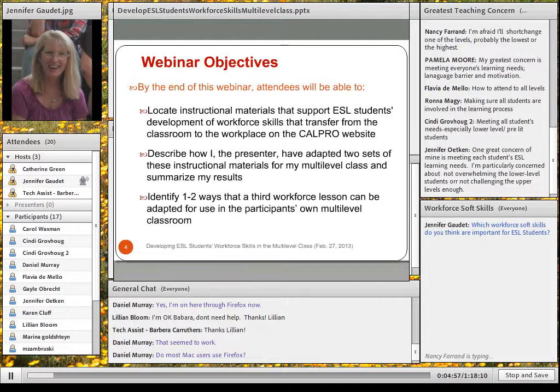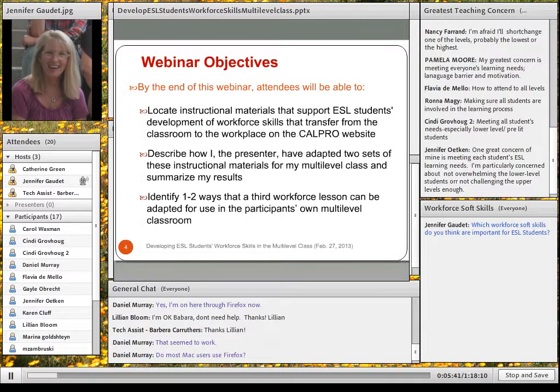Here are the webinar objectives. I know you can read, but I'll just go through them quickly. By the end of this webinar, each of you will be able to locate instructional materials that support ESL students' development of workforce skills that transfer from the classroom to the workplace on the CalPro website; describe how I, the presenter, have adapted 2 sets of these instructional materials for my multi-level class and summarize my results; and finally, identify 1 or 2 ways that a 3rd workforce lesson can be adapted for use in your own multi-level classroom.